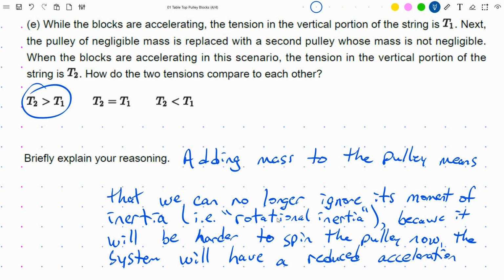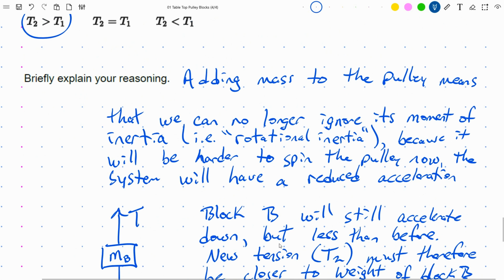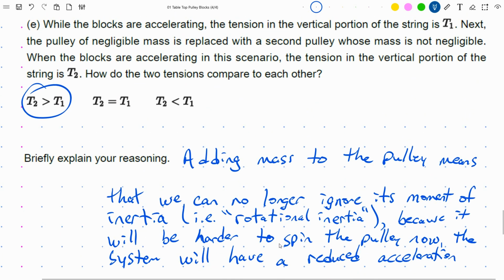Without circling that, I really would not have answered this question, and that would jeopardize whether this even makes sense. Like, briefly explain your reasoning. Well, how can I explain my reasoning if I haven't come to any stated conclusion? Without this indicated as being my choice, there'd be really nothing to explain. So don't miss those little things here.